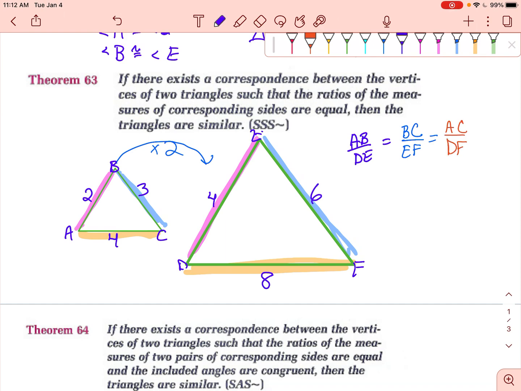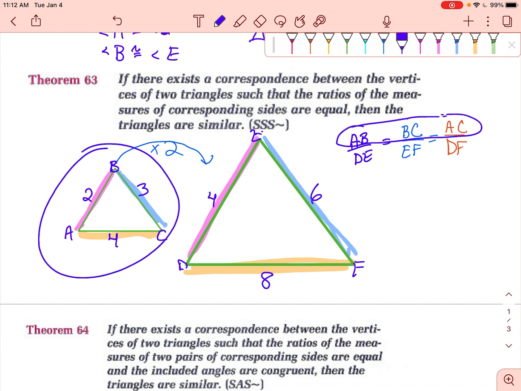Now notice I put the first triangle, I put all of those sides on top. Okay, so those sides are 2, 3, and 4.